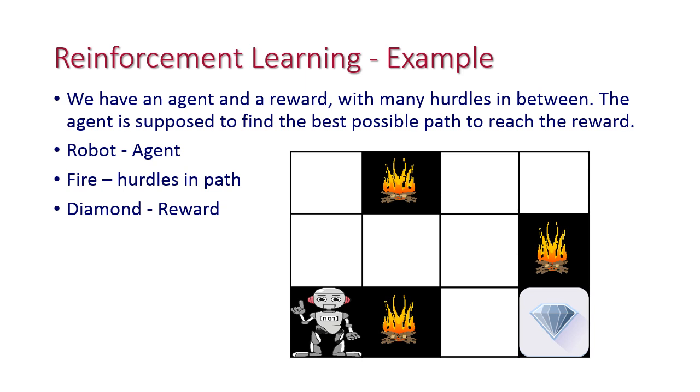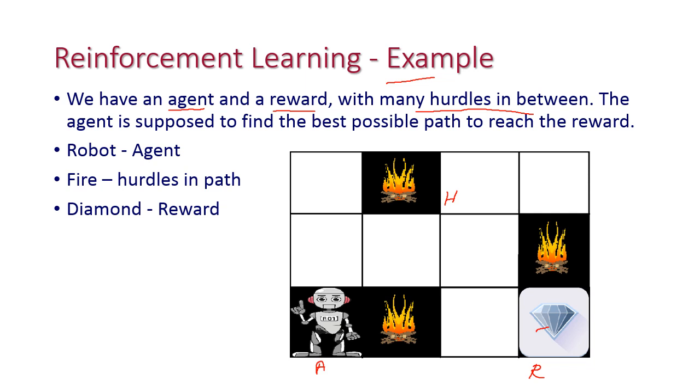And now let us see one very simple example for reinforcement learning, the robot and diamond example. Here we have an agent, a reward, and many hurdles in between. The agent is our robot, the reward is the diamond, and the hurdles are fires in the environment.